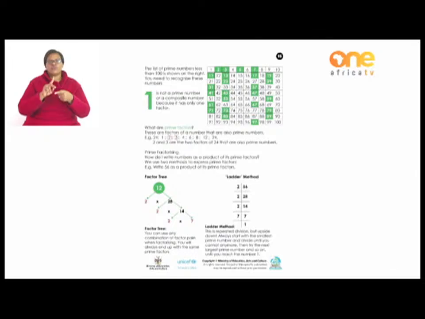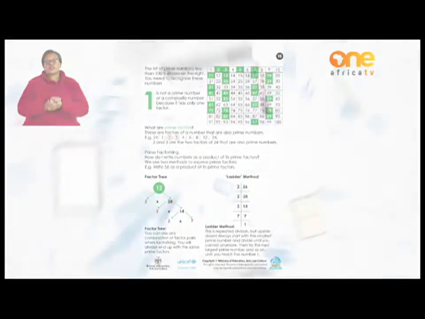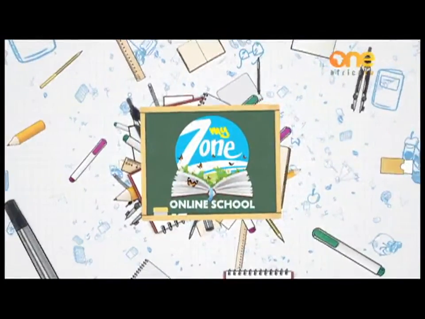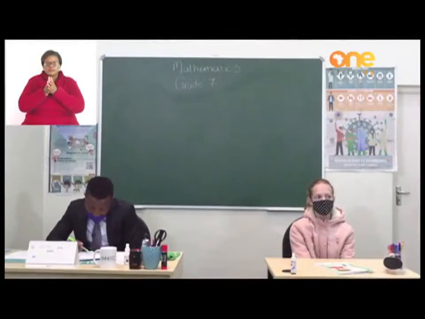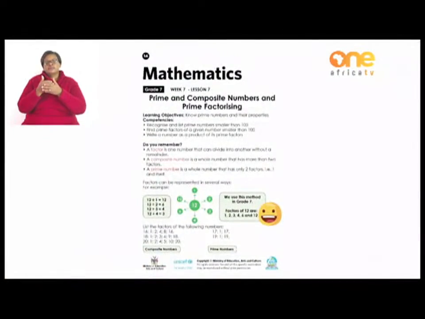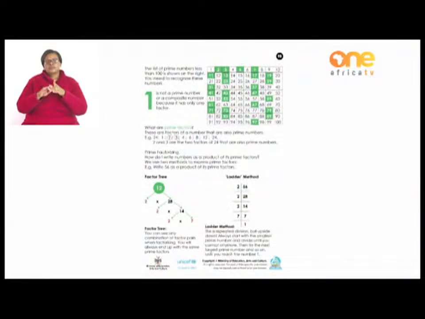We need to make a correction there: the 12 is supposed to be 56. So we just have to take out that 12 and write 56 there.